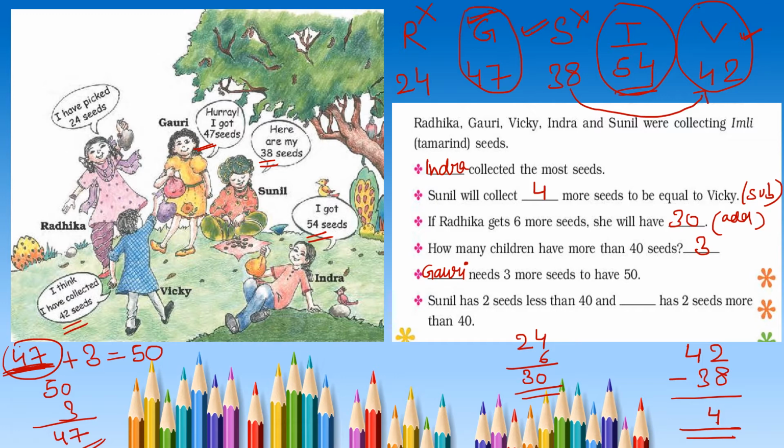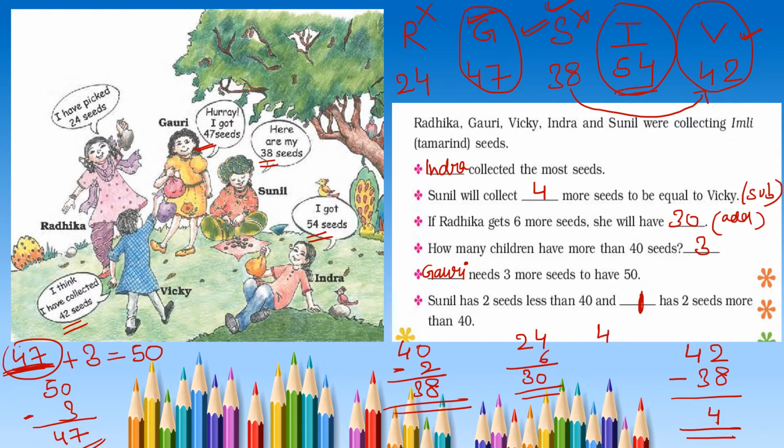Let us move on to the last question now. Sunil has 2 seeds less than 40. Stop over here. Okay. So Sunil has 2 seeds less than 40, meaning 40 minus 2, we will get 38. Okay. So Sunil has 38 seeds, as we can see over here. And dash has 2 seeds more than 40.